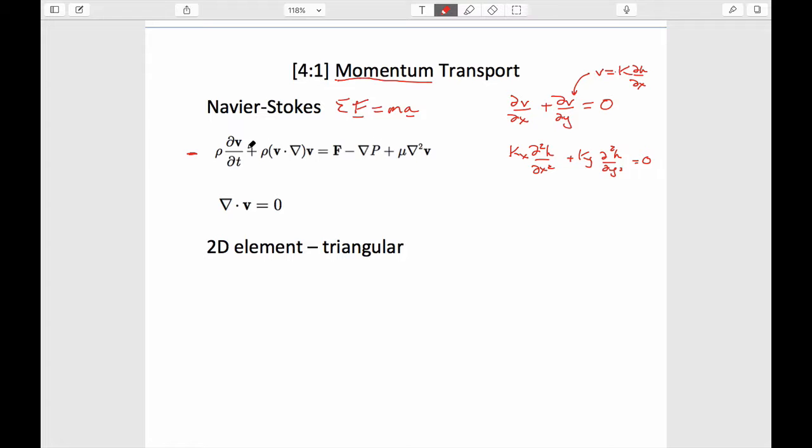And so if we have three magnitudes of velocities and one magnitude of pressure, but we only have three equations in 3D, then we need another equation to be able to close the set of equations.